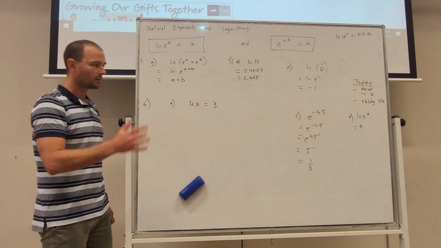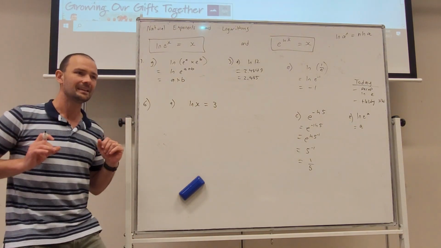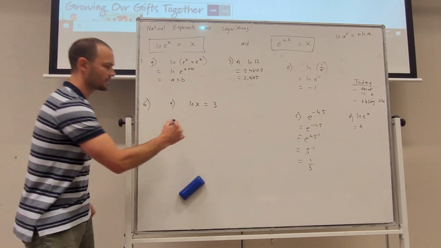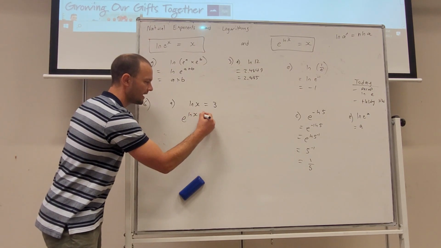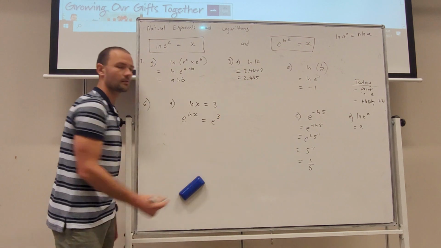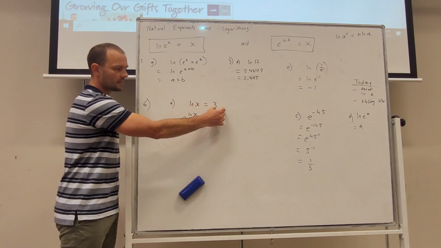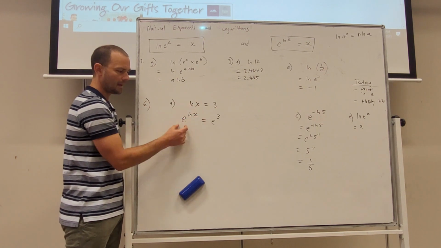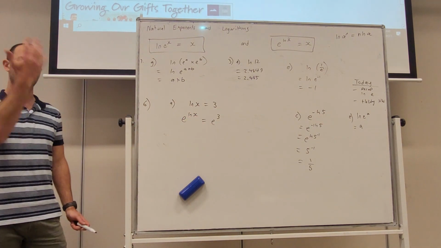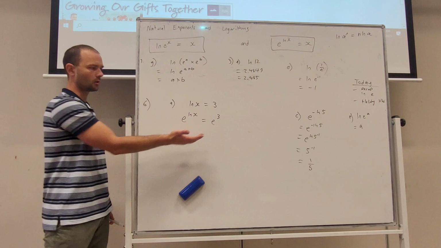And so what we're going to do is raise e to the power of both sides. I'm going to make it e to the ln x is equal to e to the 3. It's still equal. These numbers are equal, powers are equal, the bases are the same, so the relationship maintains. We still have equality.